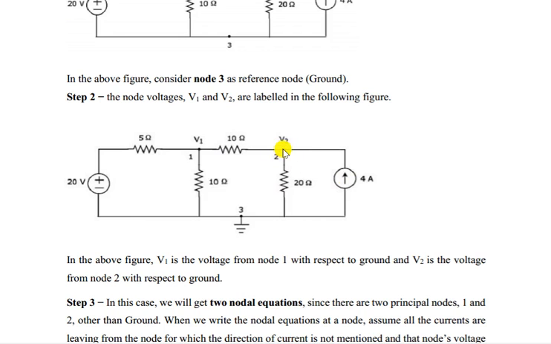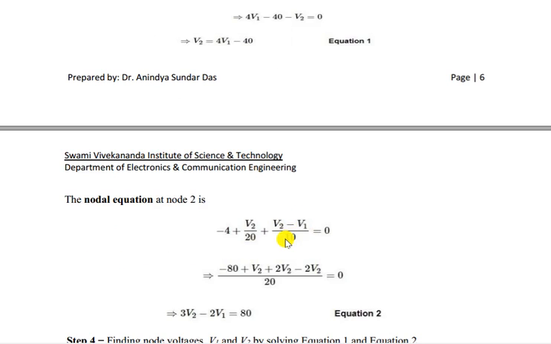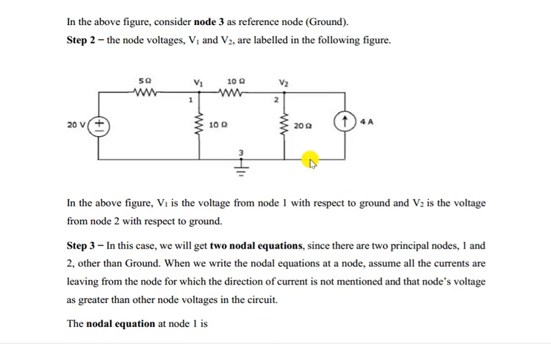If we consider V2 minus V1 divided by 10 as positive, leaving current is positive, so entering current will be negative. Always remember that if you assume leaving current as positive, entering should be negative, and vice versa.